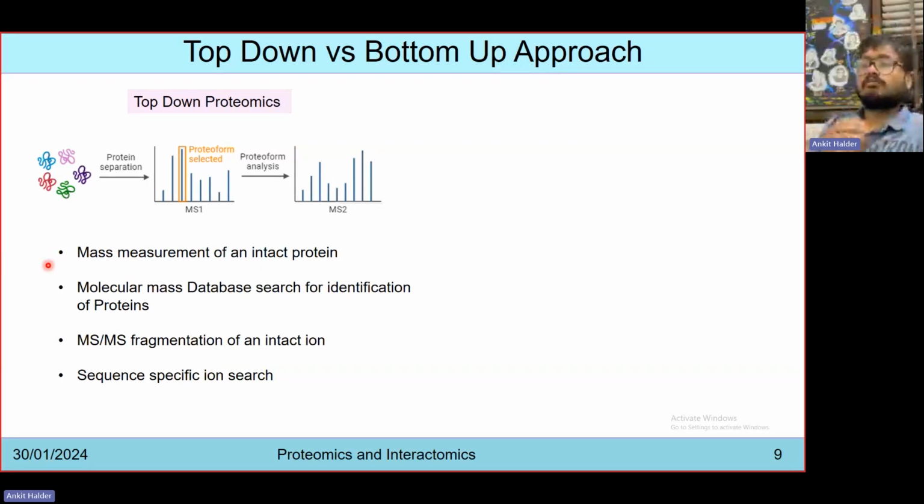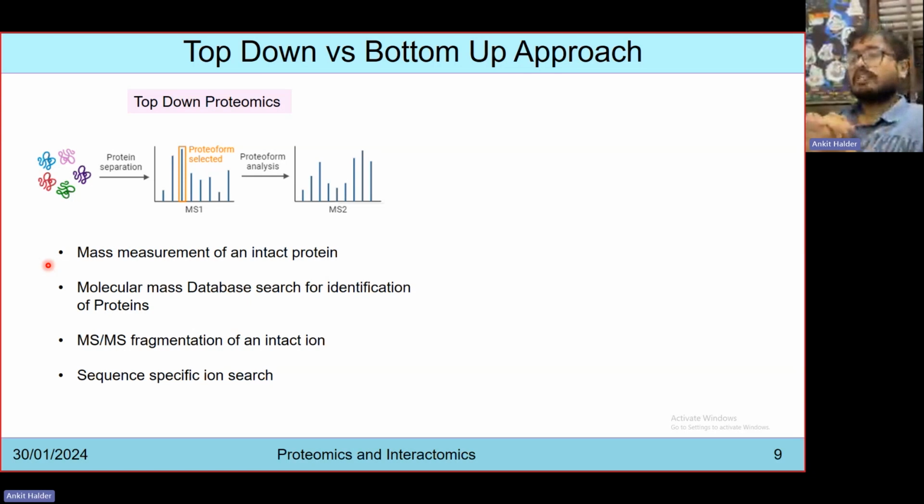So what is top-down proteomics? Top-down proteomics is the measurement of an intact protein, where we have the entire protein and the molecular mass database is searched for identification of proteins, and MS/MS fragmentation of an intact ion happens, where the intact ion gets separated to give a sequence-specific ion search.